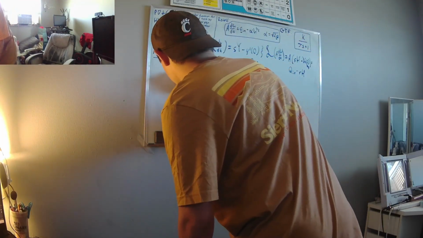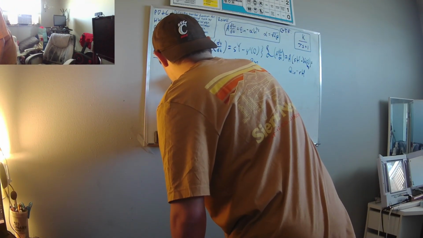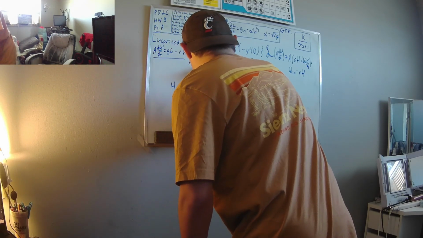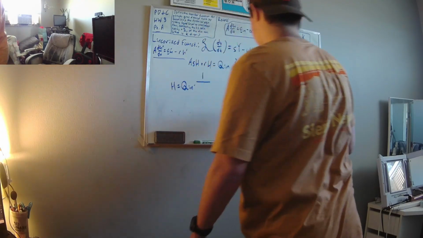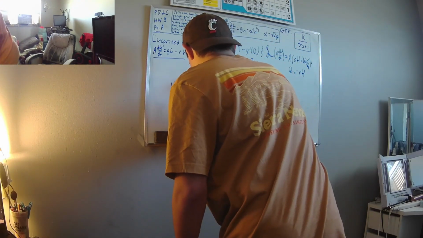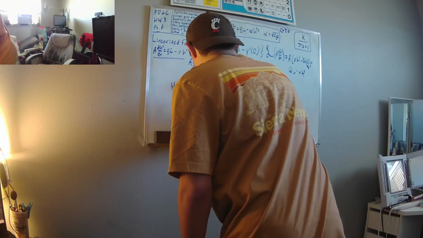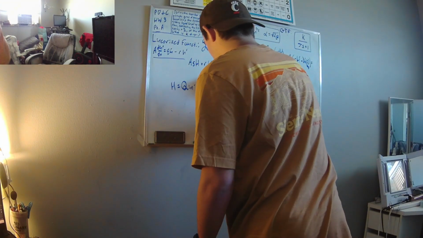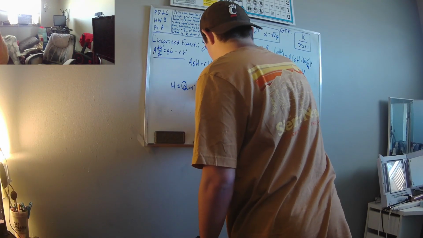So we can say that H is going to equal Qn times 1 over r times 1 over (a s over r plus 1).